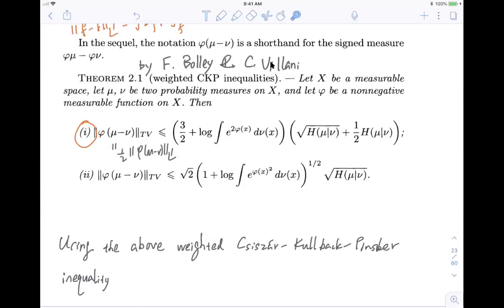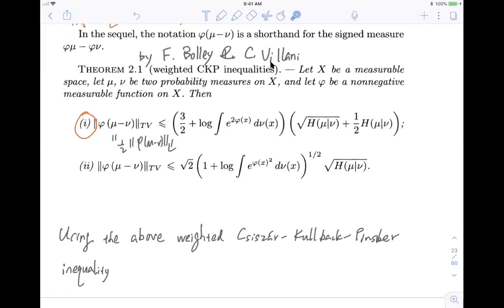If both of them have densities, this is one half of the L1 distance. And you can control the total variation distance by relative entropy. So here is the weighted version. It's not exactly the square root of H.